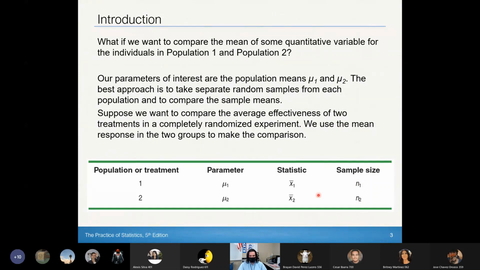It is not always necessary to use the numbers 1 and 2 to differentiate between the two populations or treatments. You could use a subscript that is a letter. Like if your two populations that you're comparing are children and adults, you could use subscript C for the child population and subscript A for the adult population.